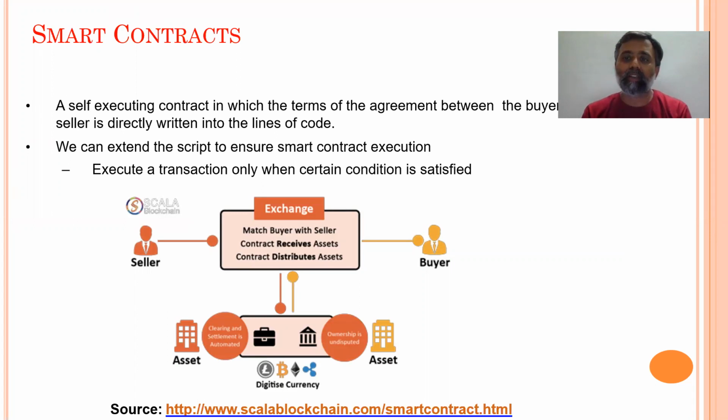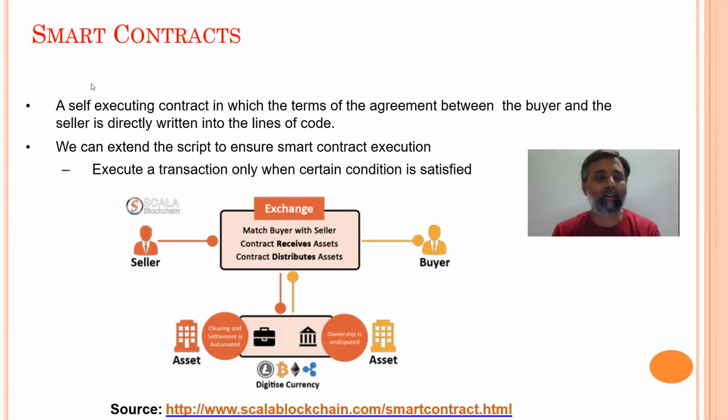All those models are using a kind of smart contract. What is a smart contract?